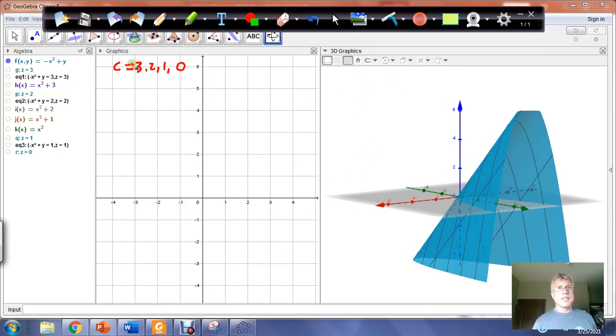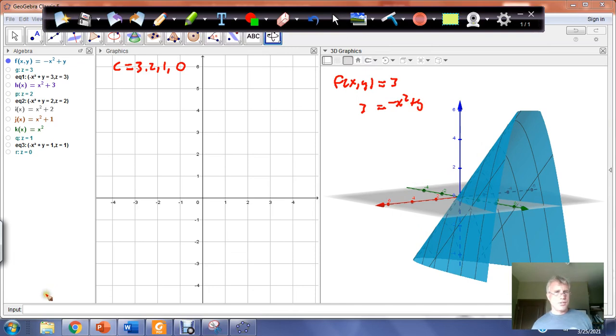Well, when we set the function equal to 3, and we set 3 equal to minus x squared plus y, really what we're doing is intersecting this surface with the plane z equals 3.